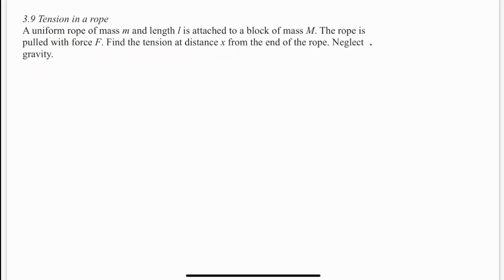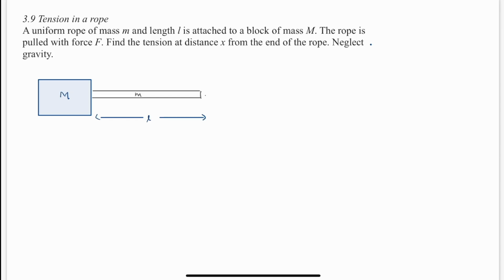So, I have a box of mass capital M, and with this I have attached a rope that is of mass small m and of length L, and there is a force capital F acting on it.